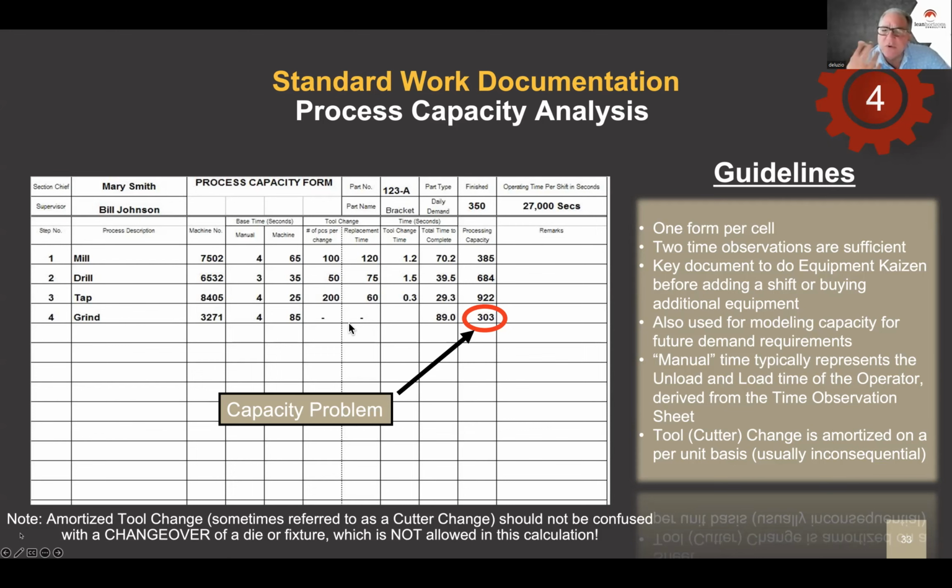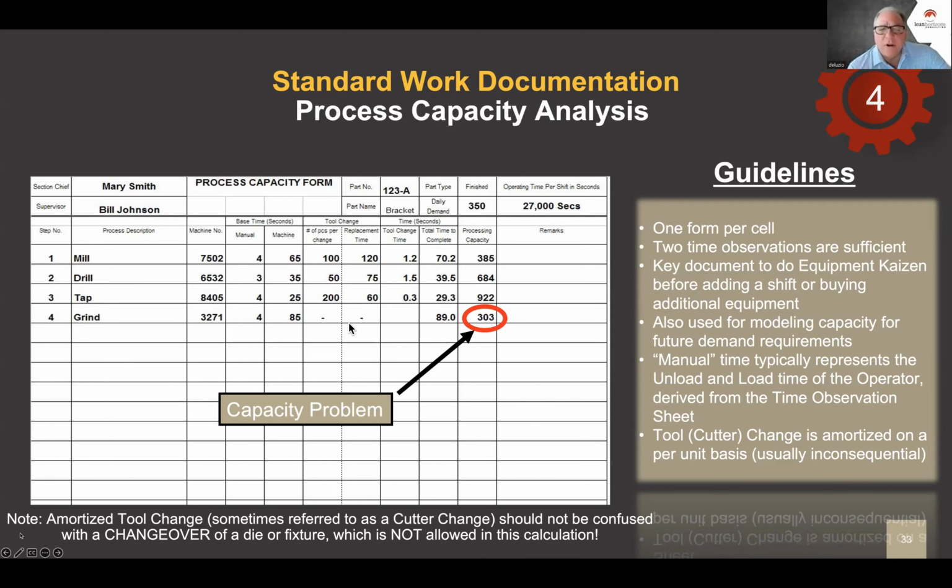So I could use this tool also as a sort of pro forma looking forward type of thing, saying when our volume does hit that 400 or greater, I'm not going to be able to produce on milling the way I am today. Right now, milling is not an issue. My volume is 350, and my processing capacity is 385. Not an issue, right?